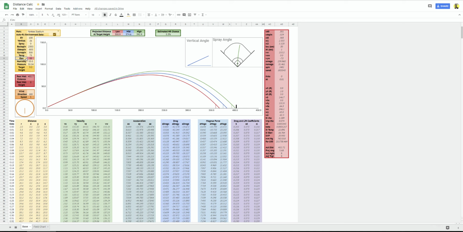So elevation is automatically filled in regardless of what you do, because obviously the stadium isn't moving up and down. So anyway, temperature, humidity, and pressure obviously change all the time, and you may not know the temperature and pressure or whatever for a given city.